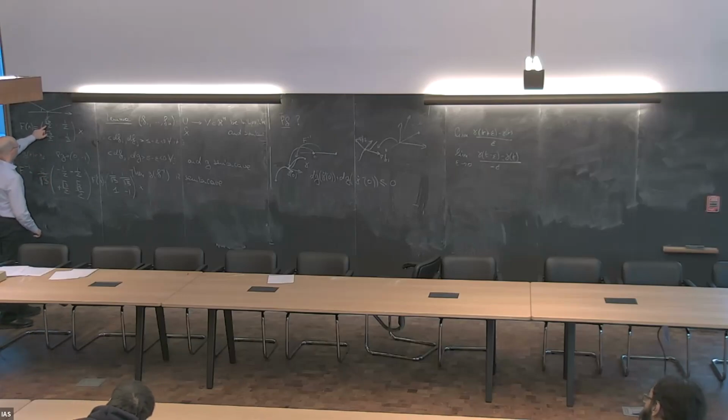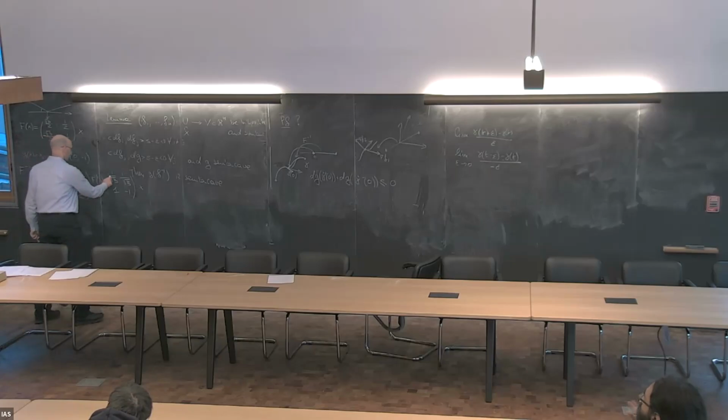Okay, so now this one is 1/2. This one is square root of 3 divided by 2. This one is plus square root of 3 divided by 2. This is minus 1/2. Now we have 1 over square root of 3, and then plus 1, plus 1.